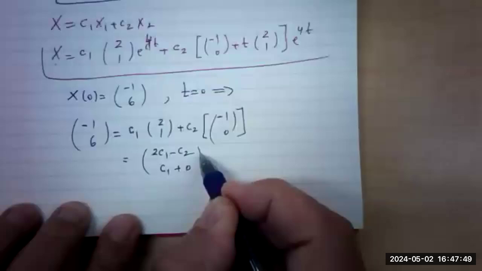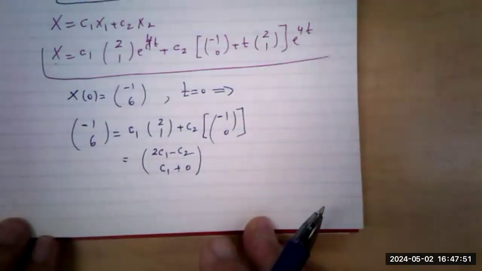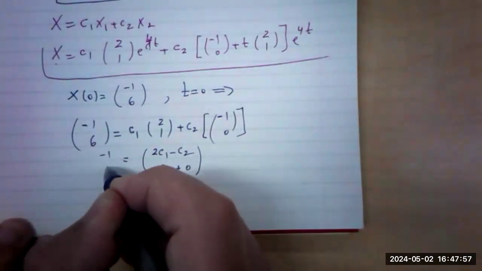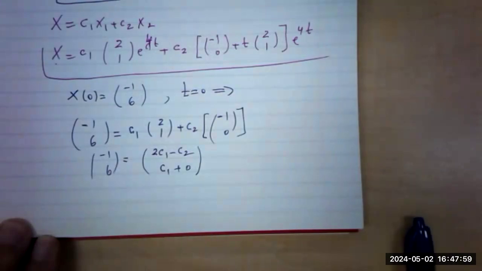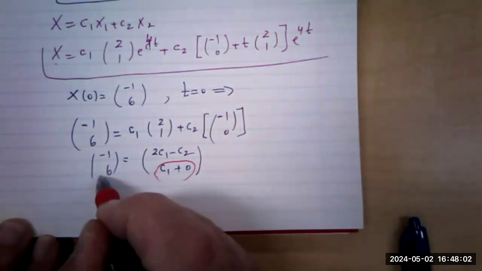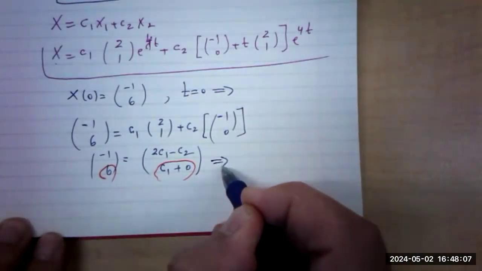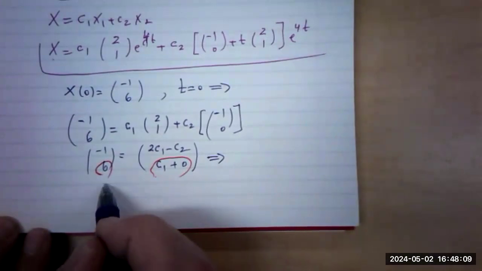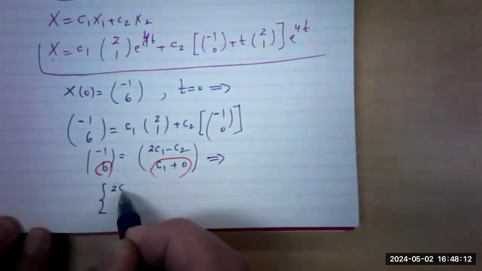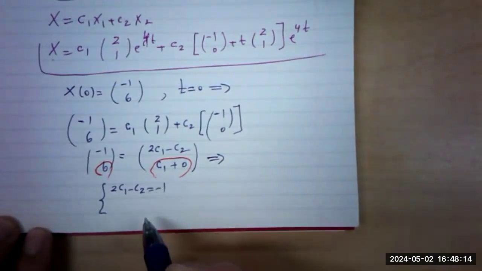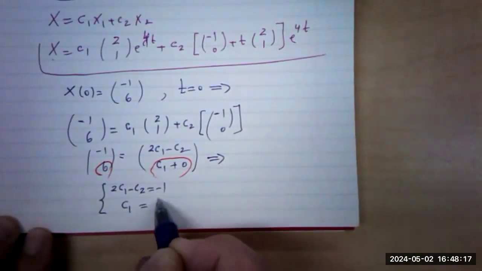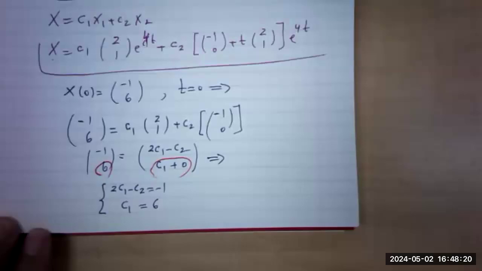This is equal to (negative 1, 6). So let the components be equal to each other. The resulting system of equations is: the first one, 2C1 minus C2 equals negative 1, and the second one, C1 equals 6. In general, it's a system of two equations with two variables; use the addition method to solve it. But this one is easy because you already got C1.